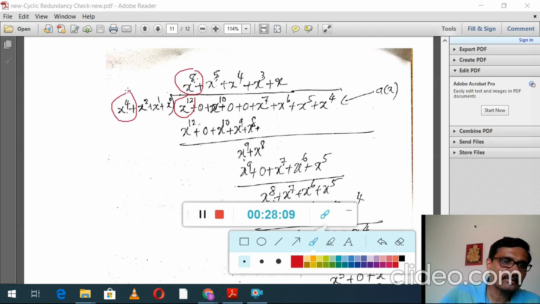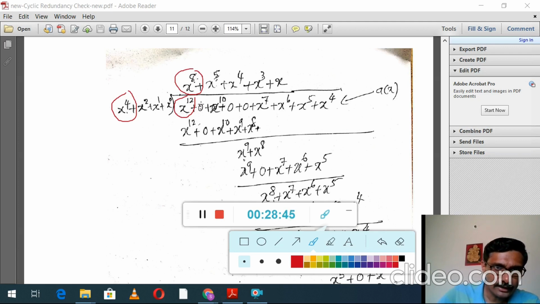You have to choose this term in such a way that after multiplying the divisor's x power 4 by it, multiplying means adding the powers, you get this term. That means here you have to take x power 8. x power 8 multiplied by x power 4 gives x power 12. Then x power 8 multiplied by x power 2 gives x power 10.